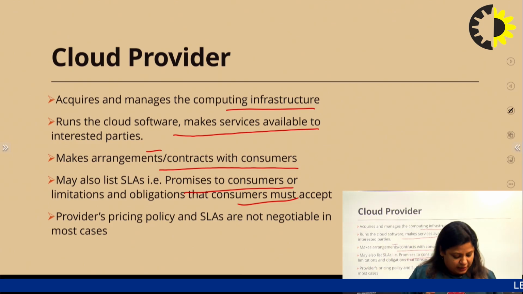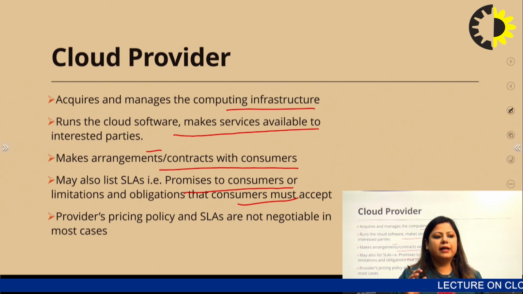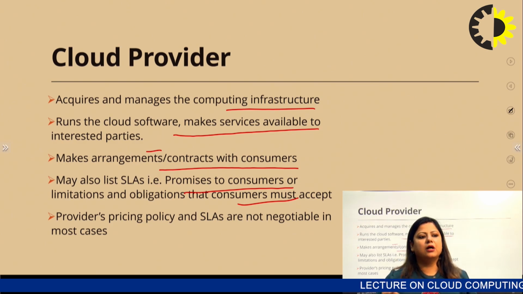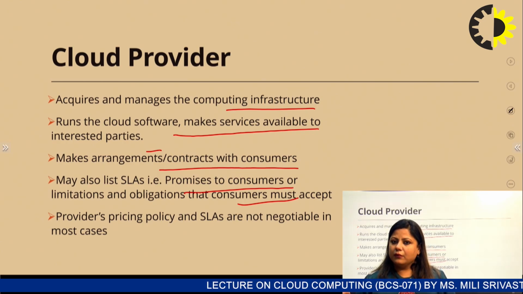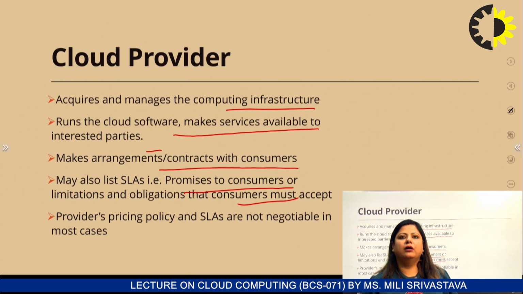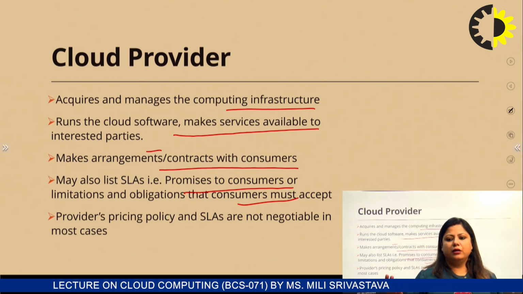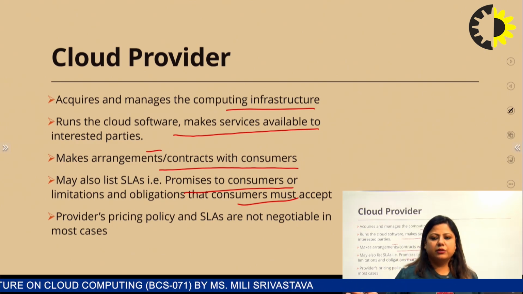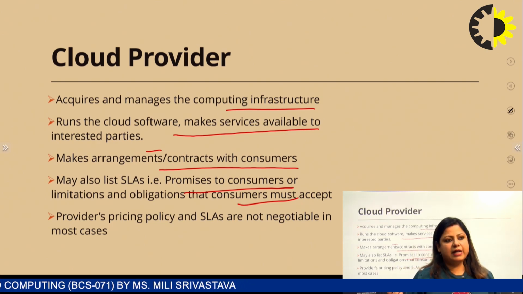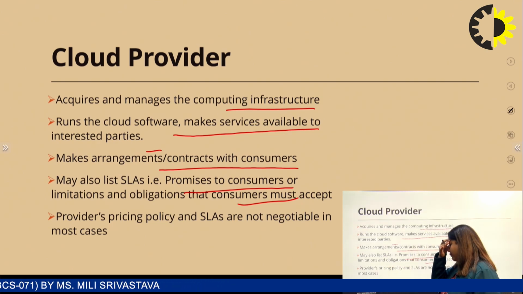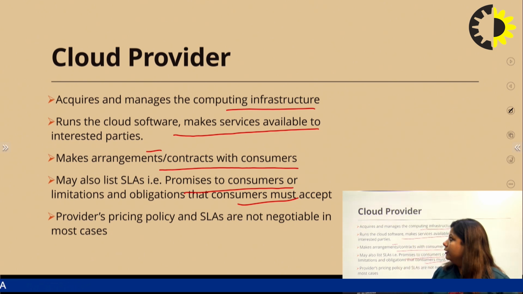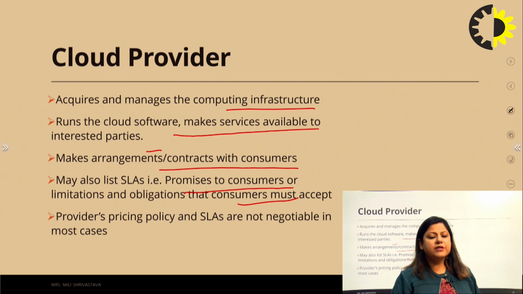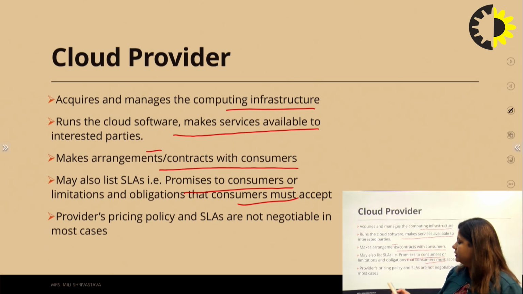So basically, the cloud provider is the entity responsible for making the cloud services available to the user. Now it provides different cloud models. They provide infrastructure as a service, platform as a service and software as a service.